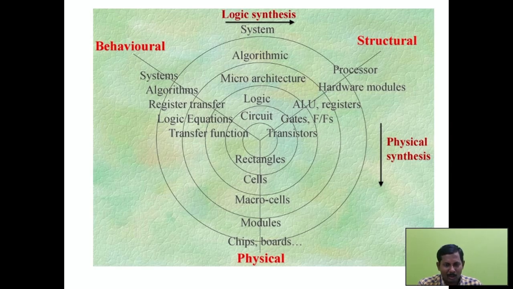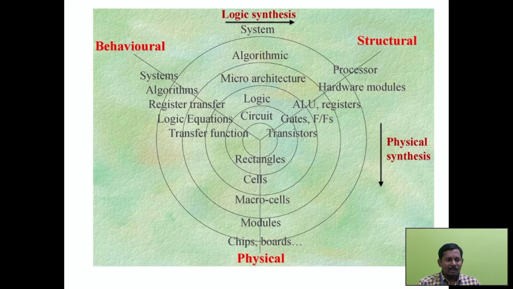In the structural domain, it consists of transistors, logic gates, flip-flops, then arithmetic and logical units, registers, hardware modules and processors. Now coming to the physical domain, it consists of cells, macro cells, modules, chips, PCB boards.